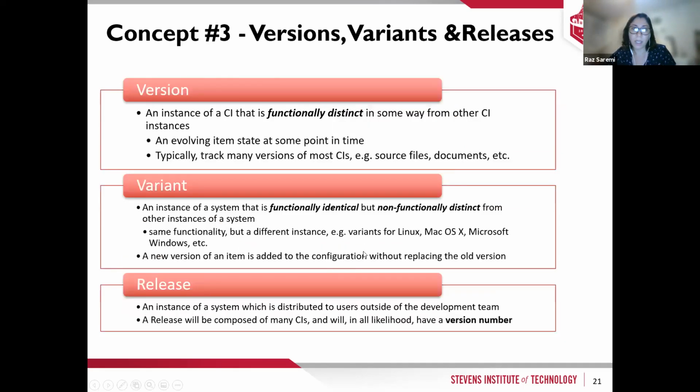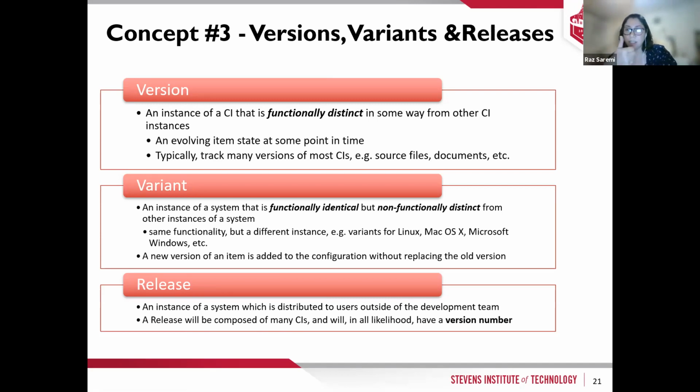Then we had a version. We had three differences. We had version, variant, and release. Version means the instance of each configuration item that functionally are different. Variant is the instance of system that functionally are identical, non-functionally are different. And release is the instance of system that is distributed to the customer or end users, and they have version numbers.